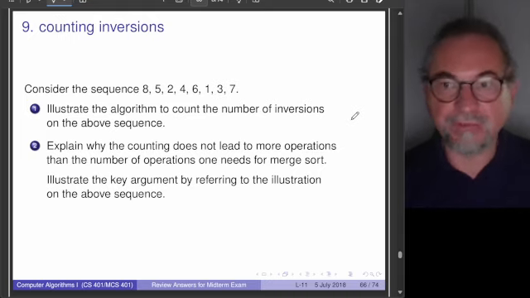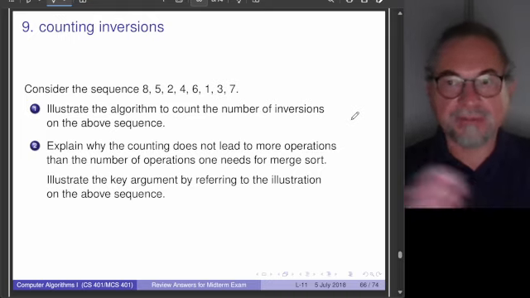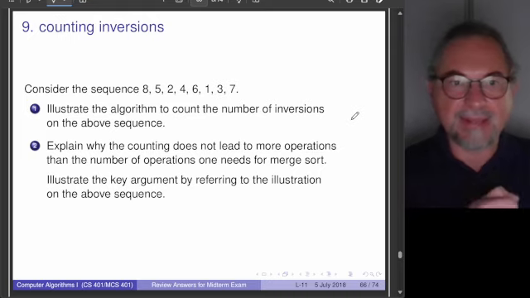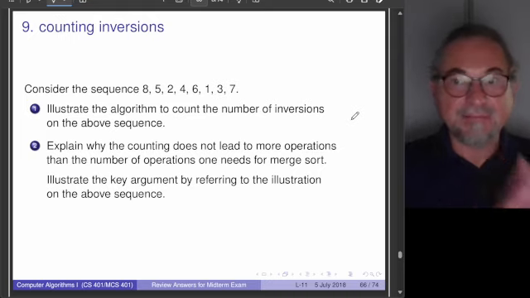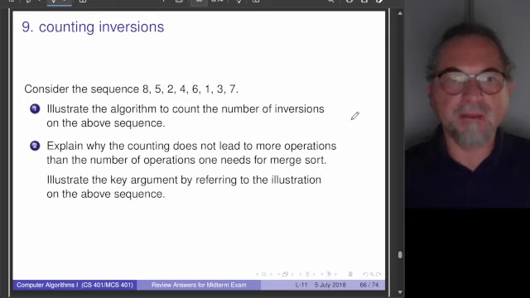We've defined an inversion as one number that is out of place. So 8 is the largest number here. It comes before 5, so it makes one inversion with 5, but since it is the largest number, it makes 7 inversions. So this is a sequence that's quite out of order.